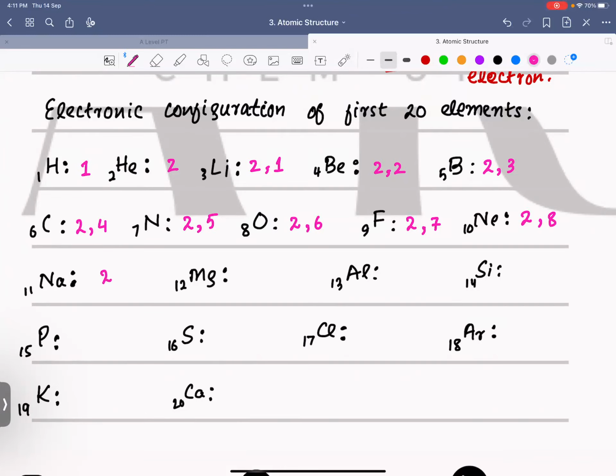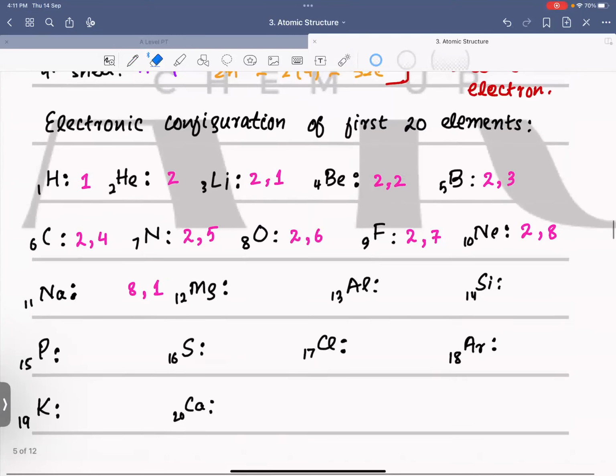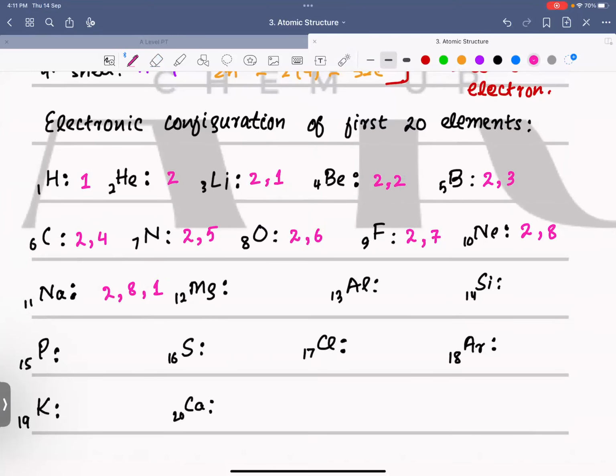For sodium, it is going to be 2,8,1, right? Then for magnesium, it is 2,8,2. For aluminium, 2,8,3.